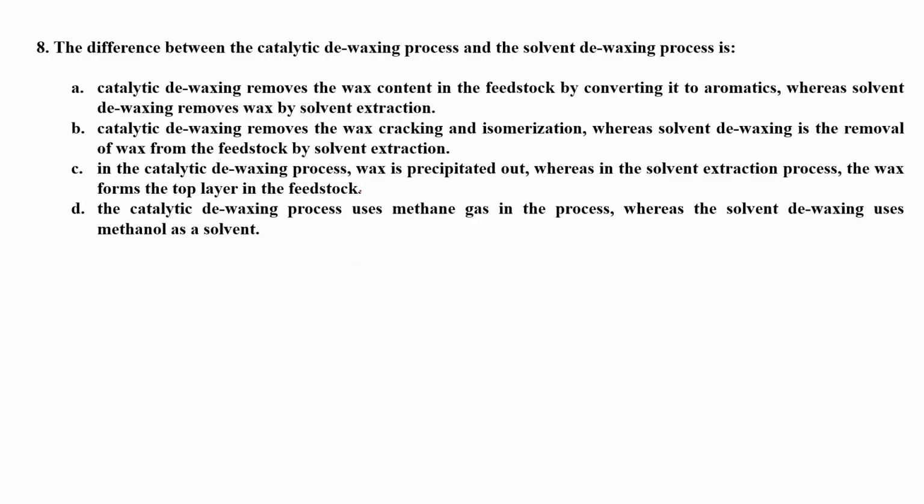Coming on to the difference between the catalytic dewaxing process and the solvent dewaxing process. The first option: catalytic dewaxing removes the wax content in the feedstock by converting it into aromatics, whereas solvent dewaxing removes wax by solvent extraction.